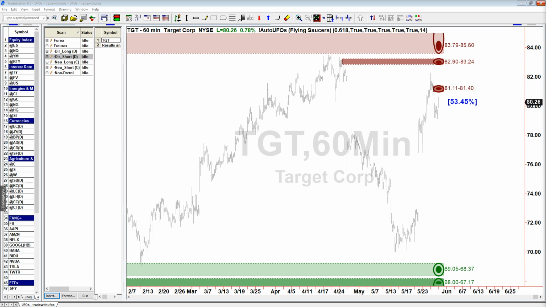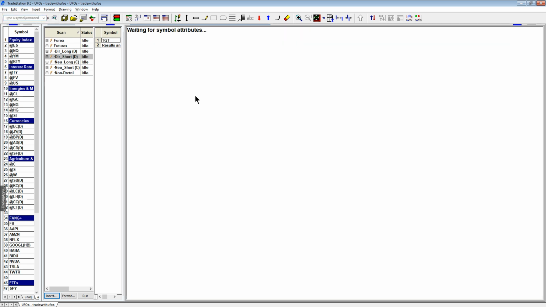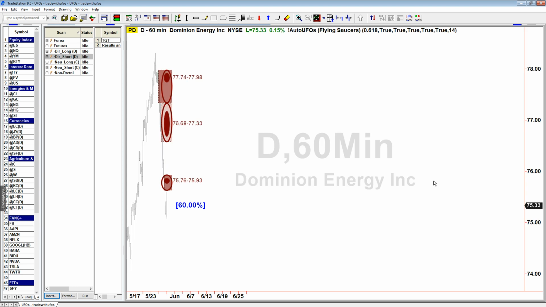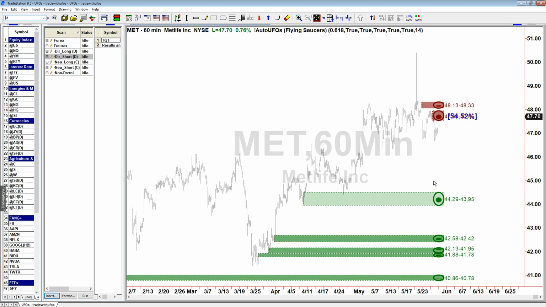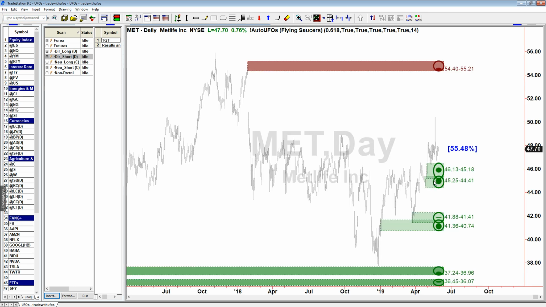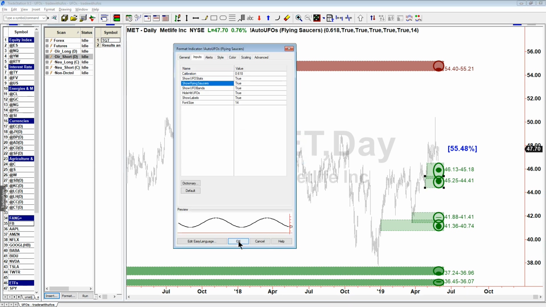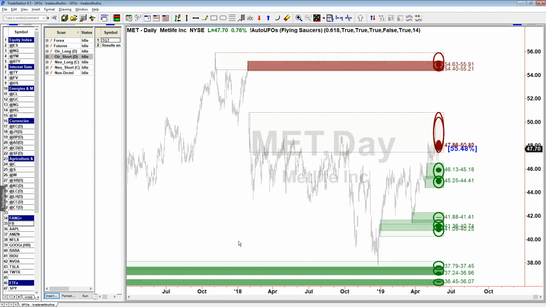Anyway, so Orlando, load MET daily. MET daily. Here we go. So 48.32, 47.4. So you have UFOs at that price in the daily time frame. That probably means that you have the settings hide UFO. You may have it as false.